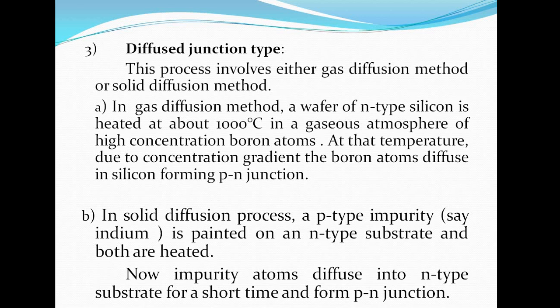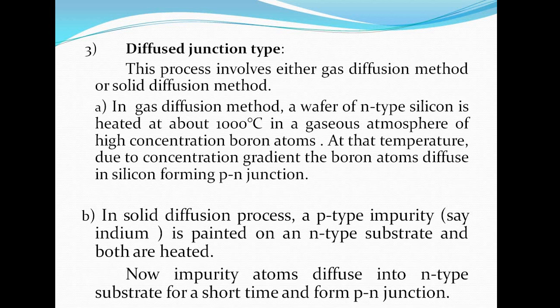At that temperature, due to the concentration gradient, the boron atoms diffuse into the silicon, forming a p-n junction. So one side becomes p-type and the other side remains n-type.